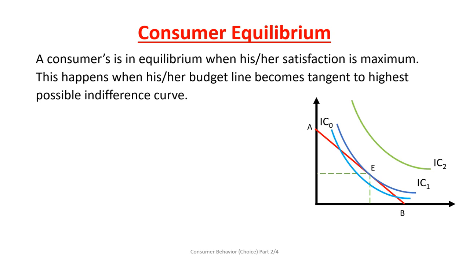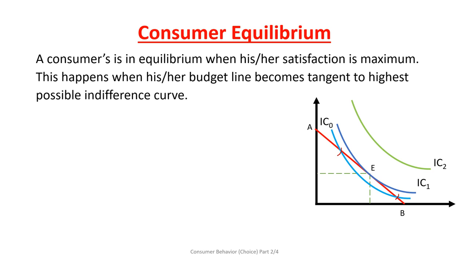Those bundles that are affordable by the consumers are lying on IC naught in between the points where this IC intersects budget line, and on IC1 where it is tangent to the budget line.